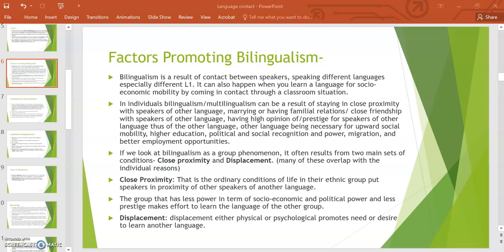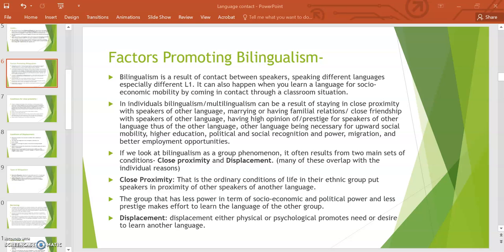So here you will see that the Hindi speakers are less likely to have motivation or to want to learn the tribal languages, while the tribal language speakers are more likely to learn Hindi. Why? Because it serves the purpose of upward socio-economic mobility, gaining recognition, and also prestige and status that comes with the dominant language, that is Hindi, in that region.